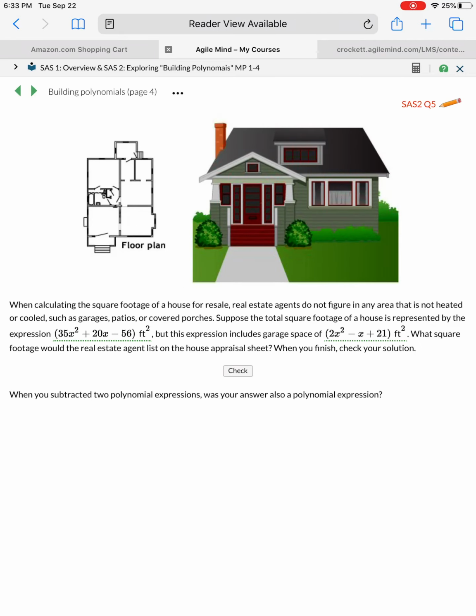All right. Let's see. There it goes. Number 5. All right, on Agile Mind, it says, when creating the square footage of a house for resale, real estate agents do not figure in any area that is not heated or cooled, such as garages, patios, or covered porches.